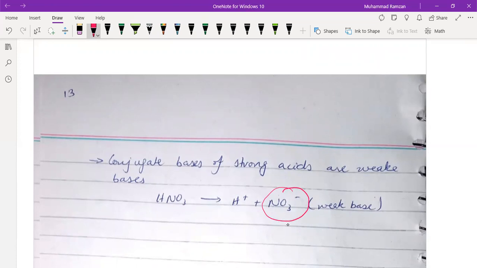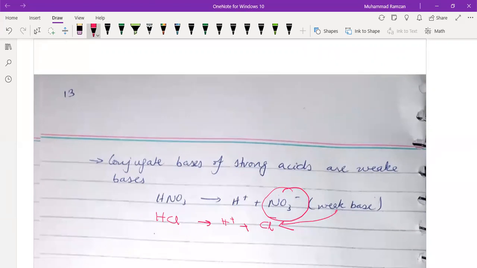Like HCl, this is a strong acid, but when dissociated, Cl minus is a weak base. NO3 minus and Cl minus are feeble, weaker in accepting H plus.